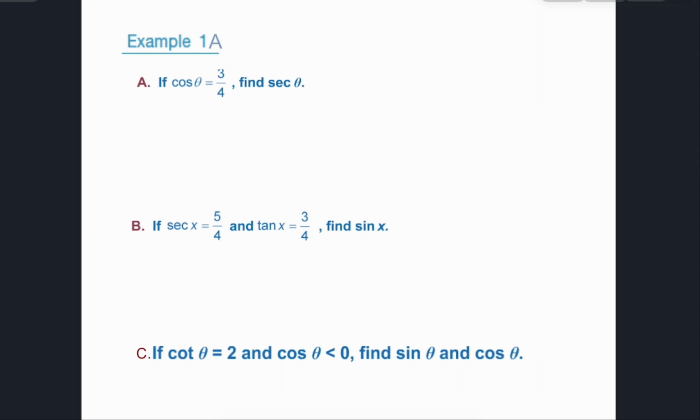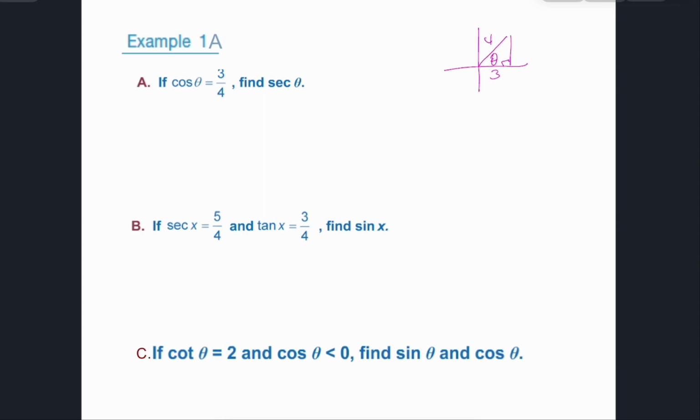Now I'm going to show you the quickest way. So the first one says the cosine is 3/4. The long way would be to build a triangle with a 3 adjacent, a 4 opposite where it's positive, and then find the secant. So that's one way to do hypotenuse over adjacent.